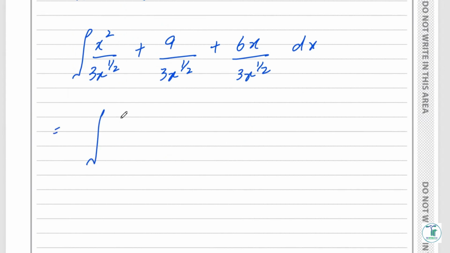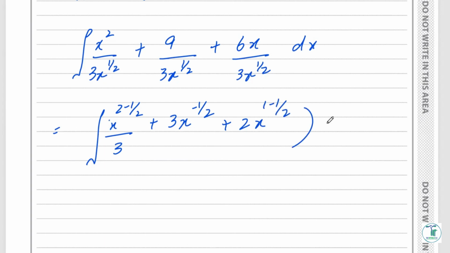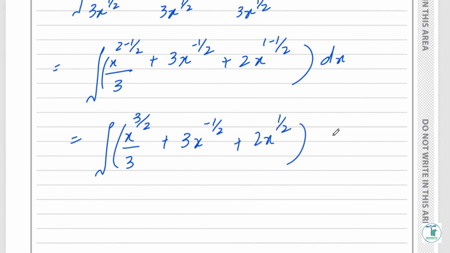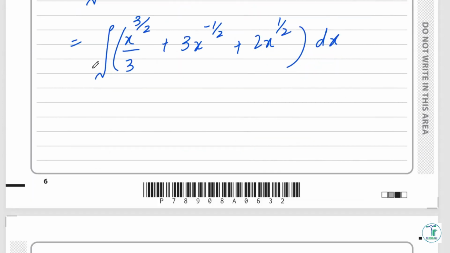So it must be x to the power of 2 minus 1 by 2 divided by 3, plus 3x to the power of negative 1 by 2, plus 2x to the power of 1 minus 1 by 2. Simplifying it further, I must be having x to the power of, 2 minus a half is 3 by 2, divided by 3, plus 3x to the power of negative 1 by 2, plus 2x to the power of half, times dx.